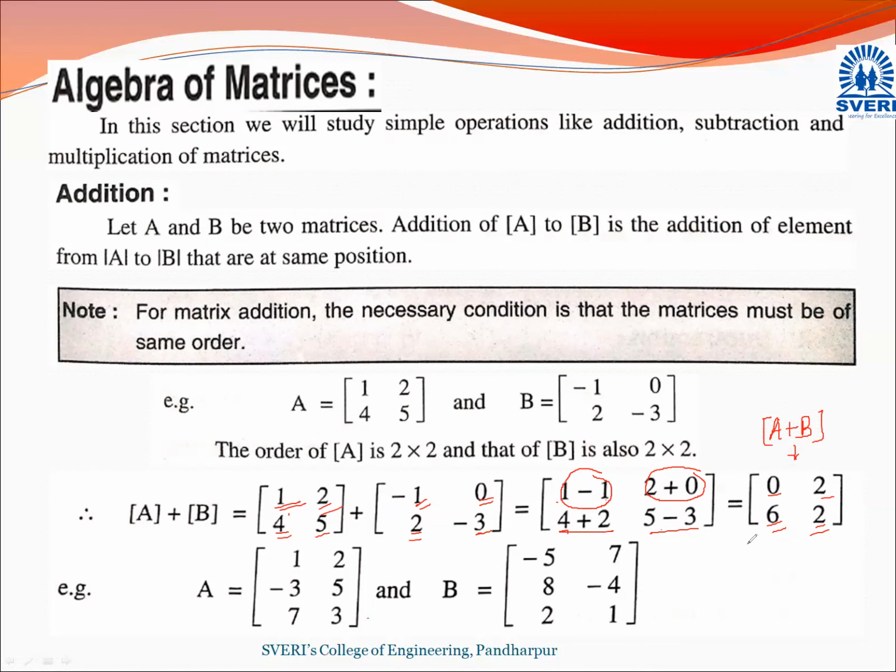3 by 2 matrices. The order of A is 3 by 2: 3 rows are there and 2 columns are there. The order of B is also 3 by 2.